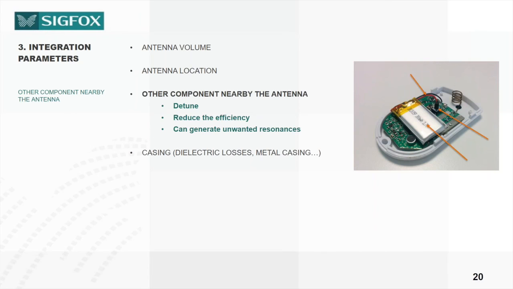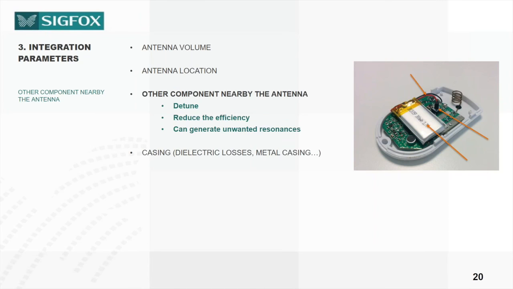Now, the other components nearby the antenna will actually have a huge impact on the antenna performance and tuning. For instance, if we have a huge battery right next to the antenna, it will somehow load the antenna and detune it.